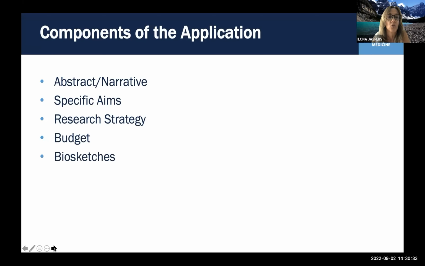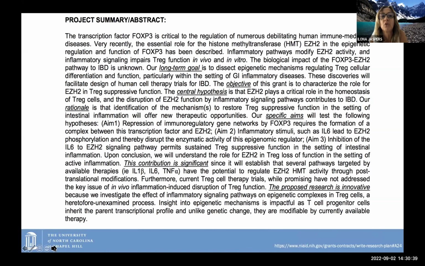We already talked a little bit about the specific components of the application, and I'm not going to go much into that. You already know about this. This was covered in the previous grant. I just want to go from a reviewer's perspective, for example, this is just the summary abstract, and I'll go into the narrative as well. Make sure you are highlighting, for a reviewer and also for the other members of the panel, because this is something that they all see, that it's easy to identify what you want them to see.